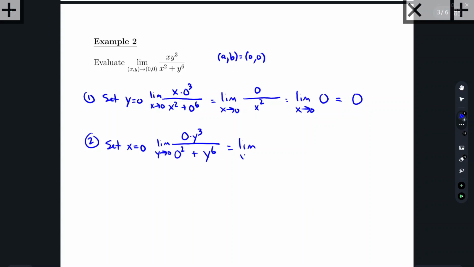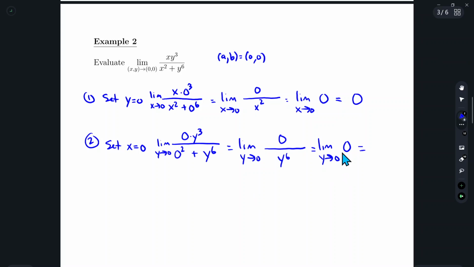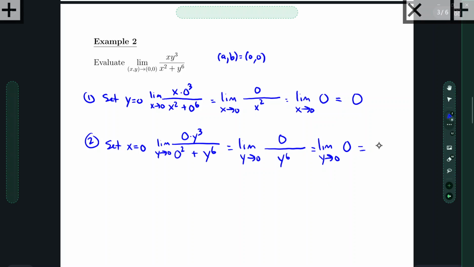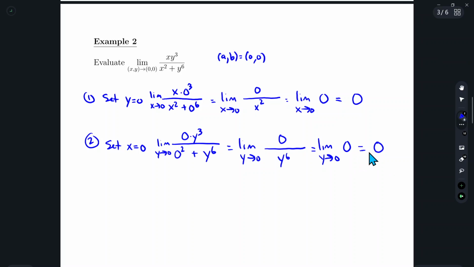I try to simplify as much as I can. 0 times anything is 0 in the numerator, and in the denominator I have 0 plus y to the 6th, which is just y to the 6th, and then 0 divided by anything is just 0, and finally the limit of a constant is just the value of the constant, so that's also equal to 0. Okay, so both of them are the same values, so we haven't gotten anywhere yet.